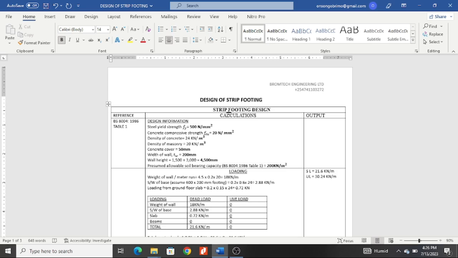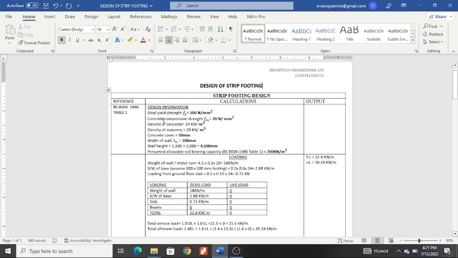First of all, before you start designing, you need to be aware of general considerations that are supposed to be done when designing a strip footing. Number one, general information that you need to have is the steel yield strength. This varies from country to country, but in my country right now, over the counter in hardware, you will get steel with a yield strength of 500 newtons per millimeter squared.